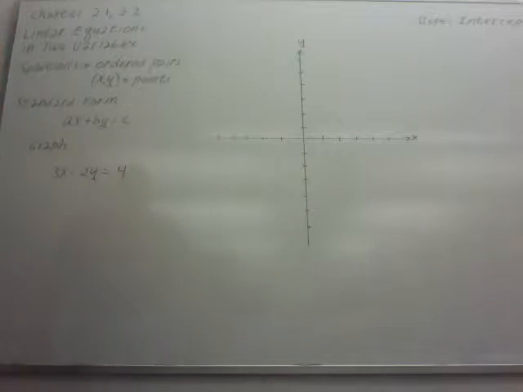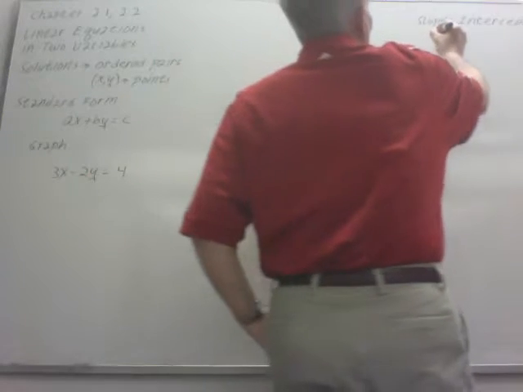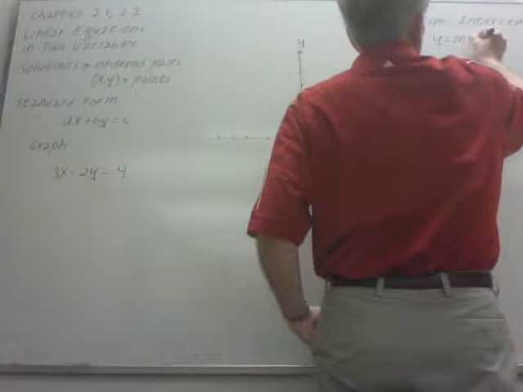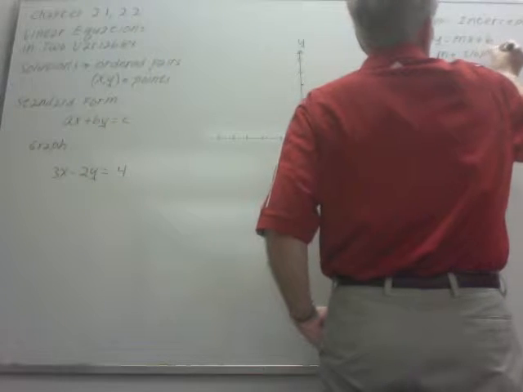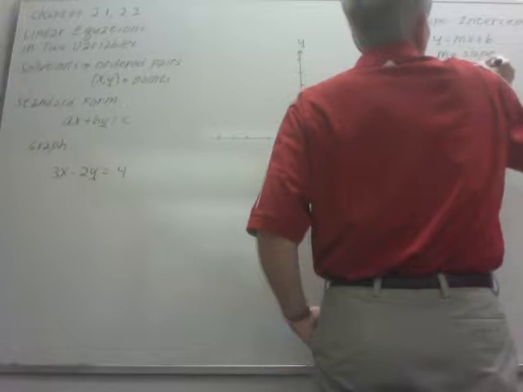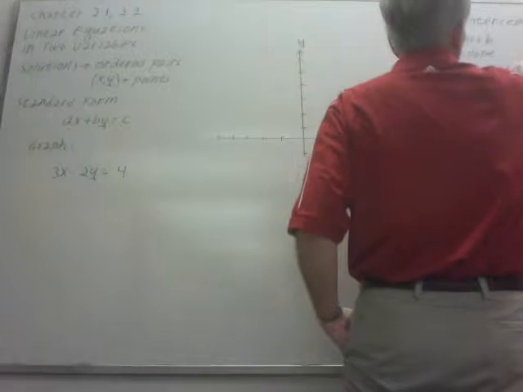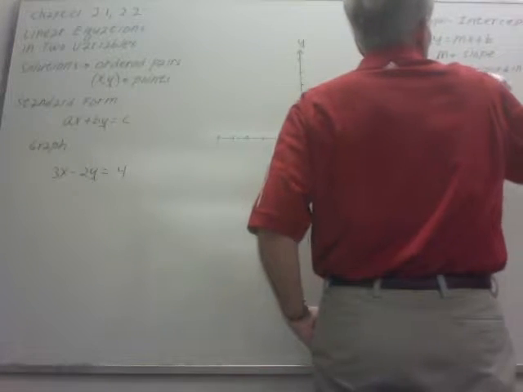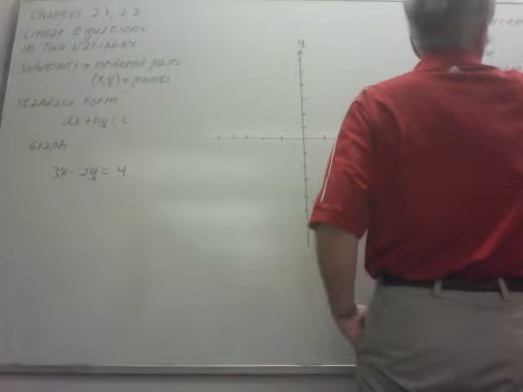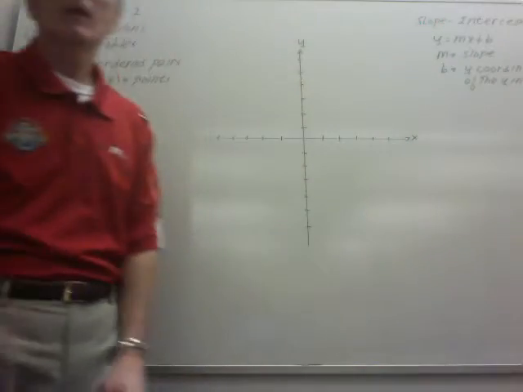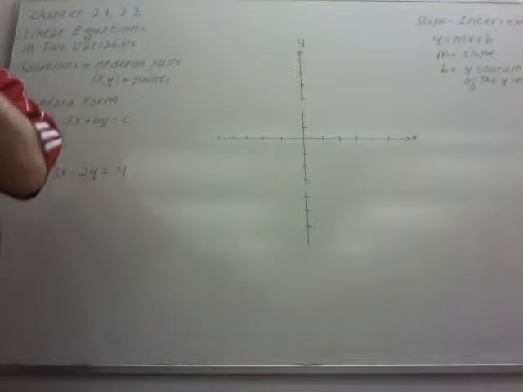Slope-intercept form for the equation of a line is y equals mx plus b, where m is the slope and b is the y-coordinate of the y-intercept. Now here's how this works.